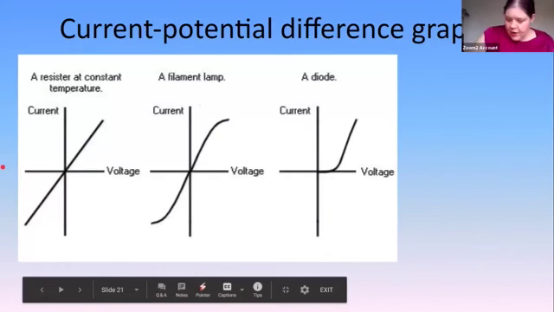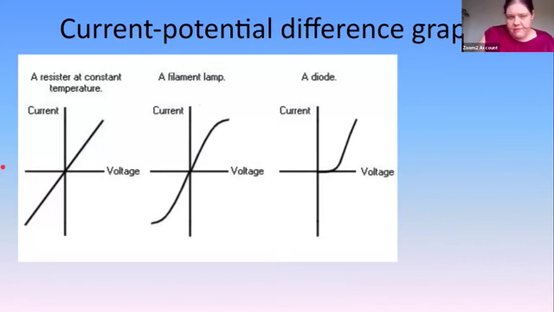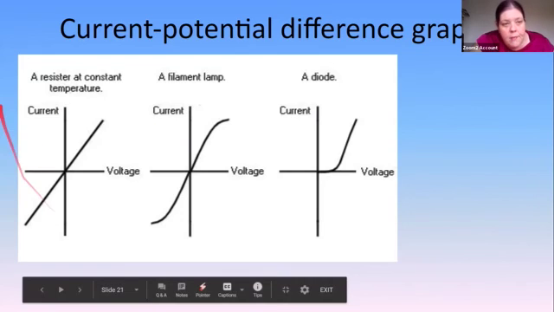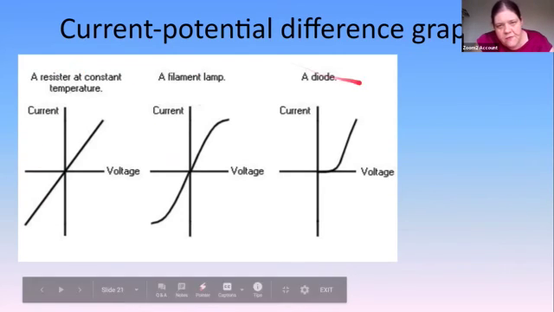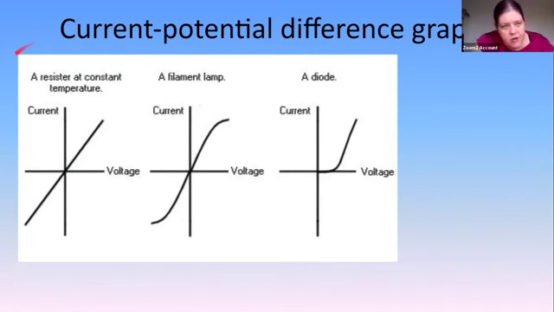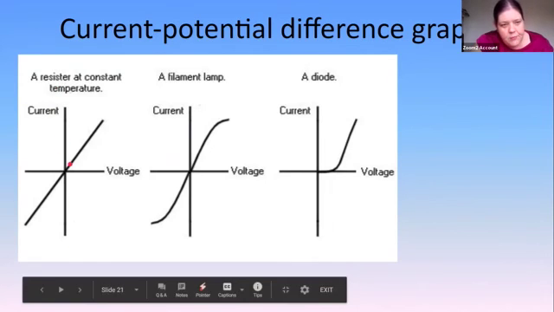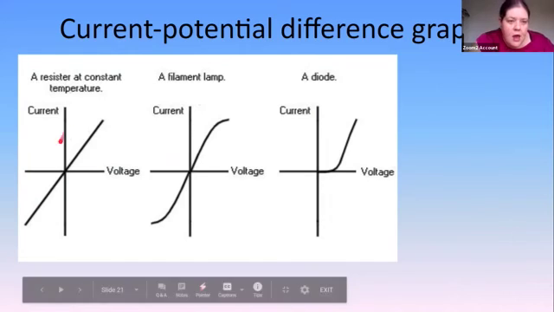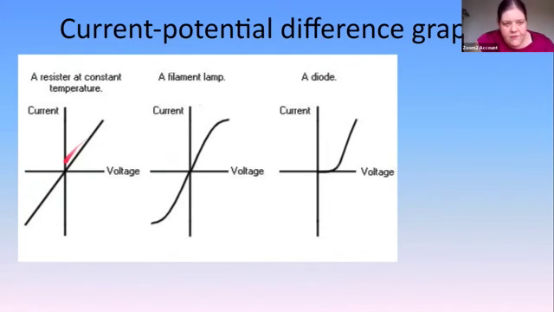Okay. Very quickly, because I'm aware that I've been going for a while. On the board, and this is purely because it came up last week, are some graphs for current potential difference graphs. Okay, and we've got current on the y-axis and we've got voltage on the x-axis. And this graph, if you were going to describe it, is described as directly proportional.